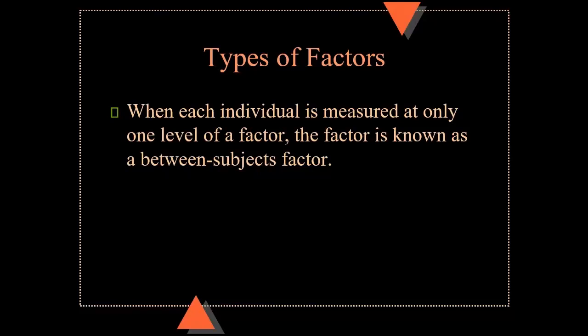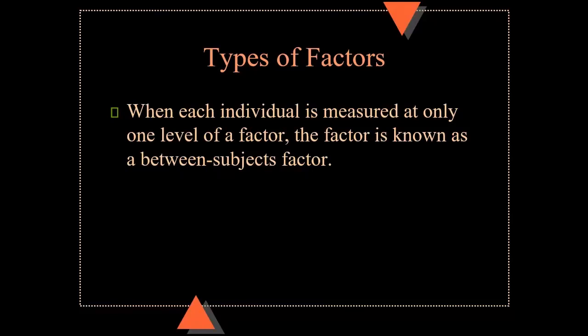So there were, if I recall, 4 or 5 different counseling conditions, counting the wait list and the traditional treatment. And when we looked at the participants in that study, each of them was only at one of those levels of that factor. That is, only one of those conditions. So that was a between subjects factor.